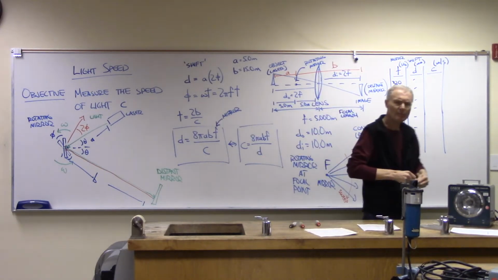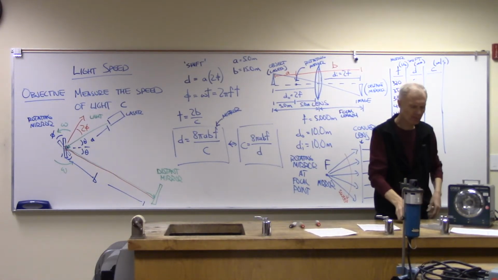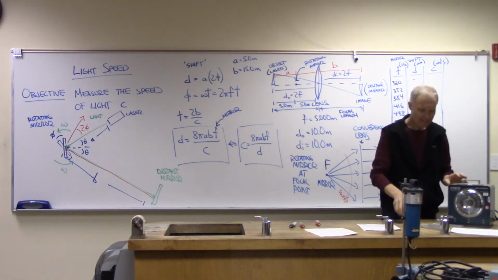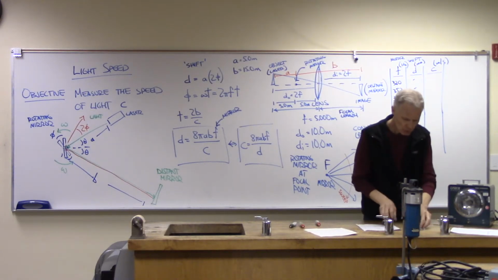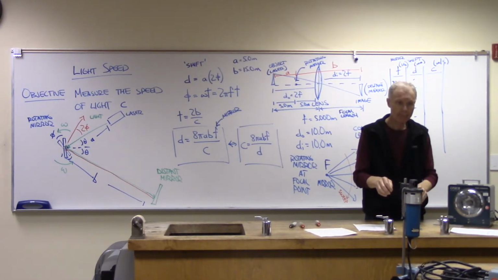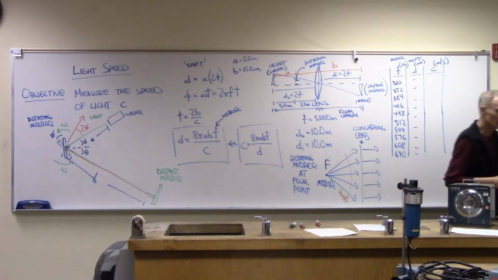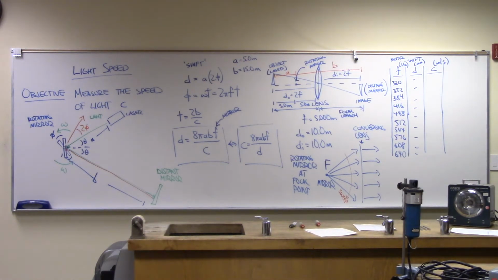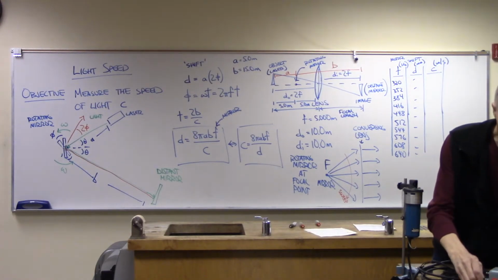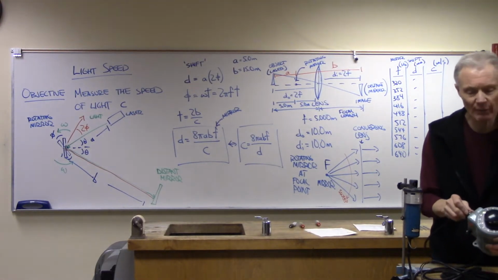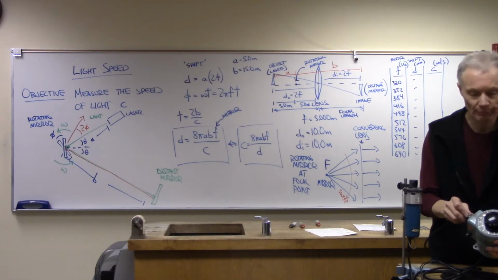Now, we have to be able to know what the frequency of the motor is, and that is going to be done using a calibration that we put into place. So if you take a look, and we'll get a close look at this when we walk around too, I have a variable voltage supply.